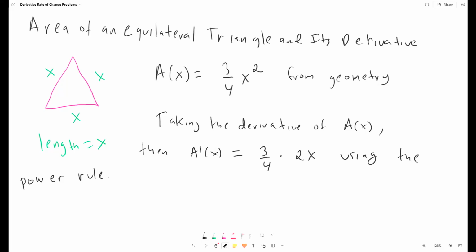And of course here we can simplify this. We can get rid of the 4 and the 2 here. So A prime of x is equal to √3/2 times x.